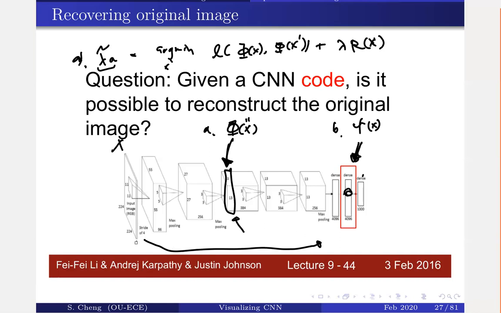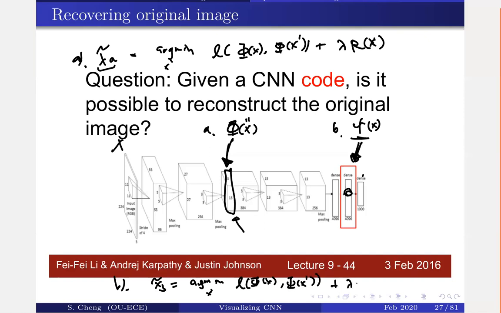I can do very similar things for case B: x tilde B is the argmin over x prime, but I want to match this layer instead, psi x and psi x prime, plus lambda R of x prime.